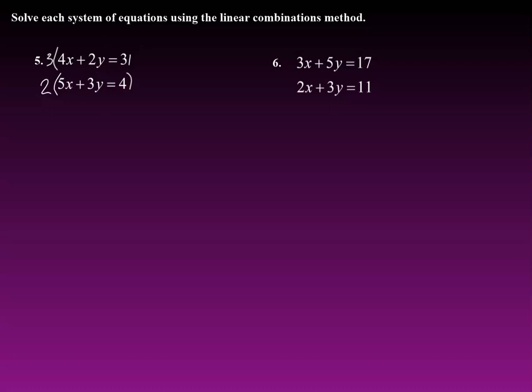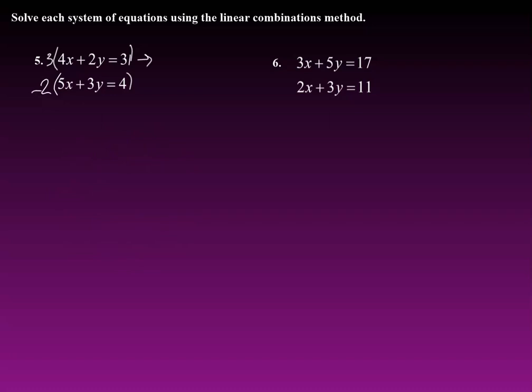Now keep in mind that in all these problems we always need a positive and a negative variable, and at this point these are both positive. So the second thing I need to do when I'm multiplying is to make sure I multiply one of them by a negative.